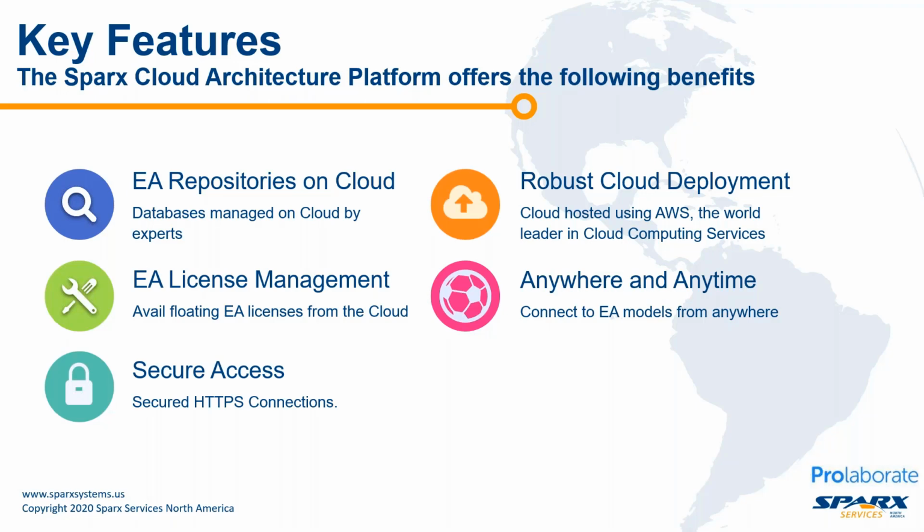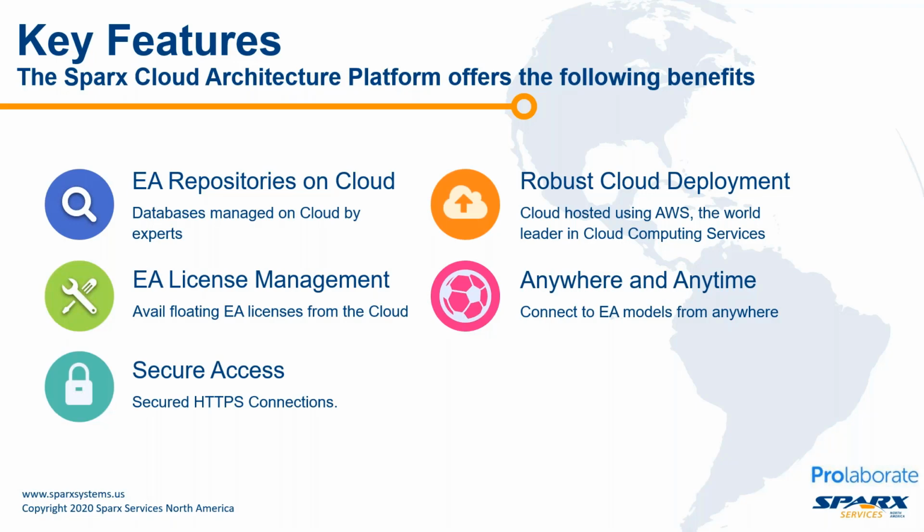Secure access via SSL, HTTPS connections to ensure that data going from your end users to the repository is secure the entire way. It's a robust cloud deployment on the AWS cloud, using scalable compute services that enable us to monitor performance of your system and ensure that you're getting the performance and experience that you're looking for.